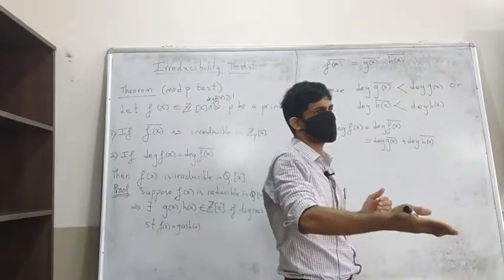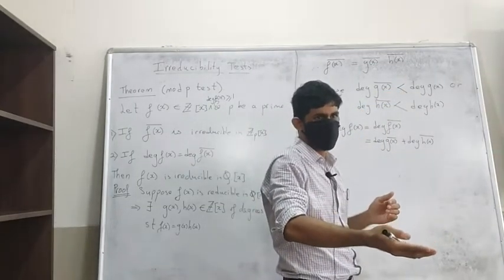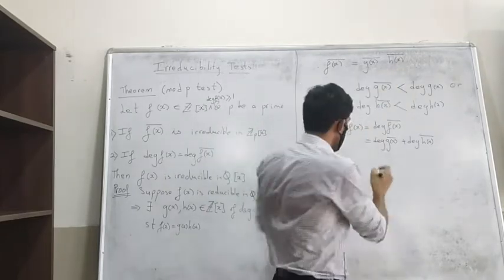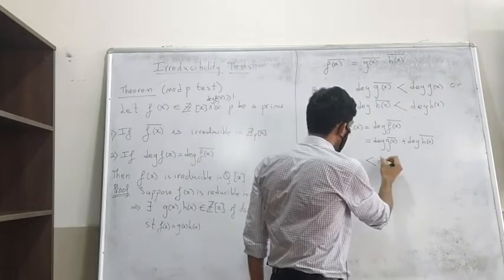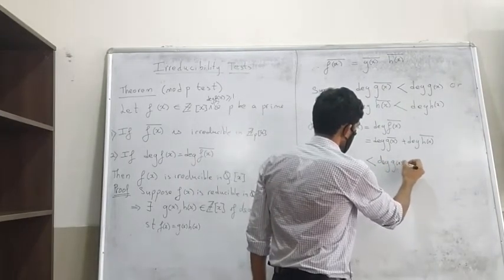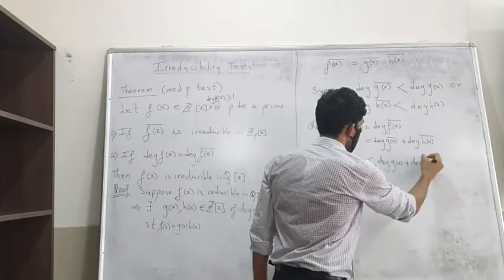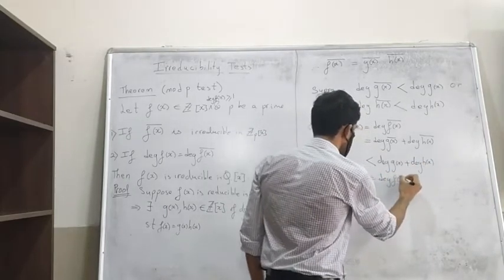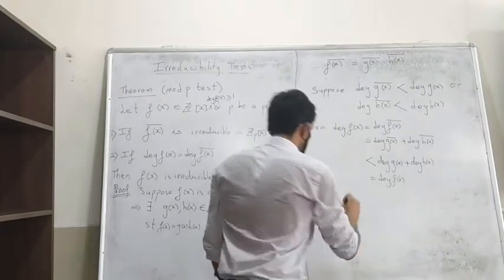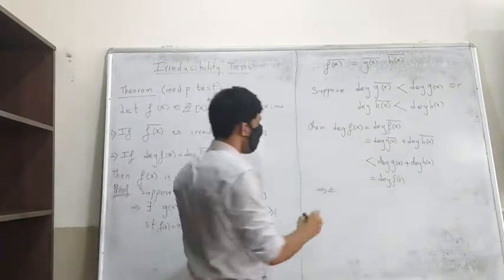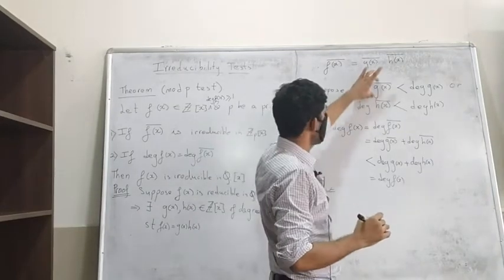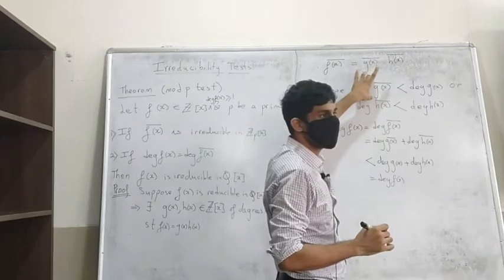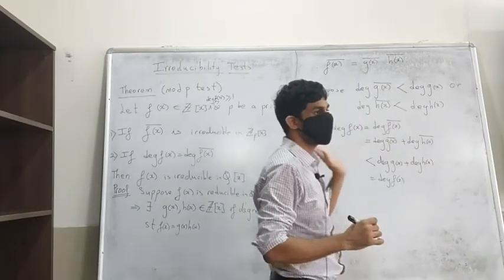When I reduce modulo p, the degree cannot be higher, right? So if any of this strict inequality holds, then this will definitely be less than the degree of g plus the degree of h, which is nothing but the degree of f. So this is a contradiction. I am contradicting this statement. What does it mean to contradict this statement? That means the degrees have to be equal.